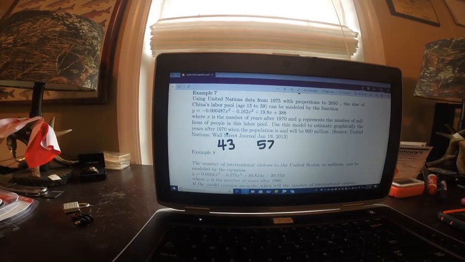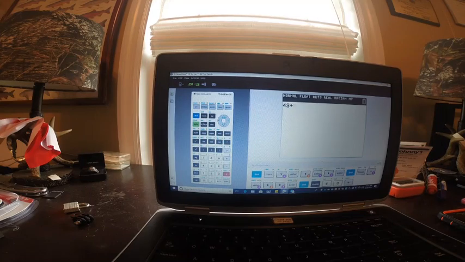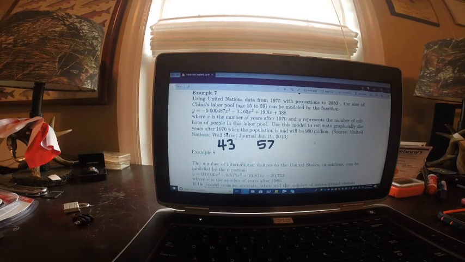Essentially our first year is 1970, so for 43 years after 1970, to be simple, 43 plus 1970 gives you 2013. So in the year 2013, that would correspond to that 43.